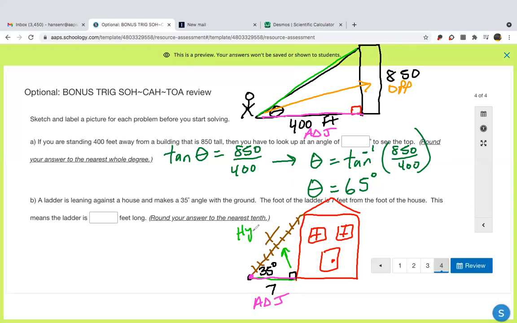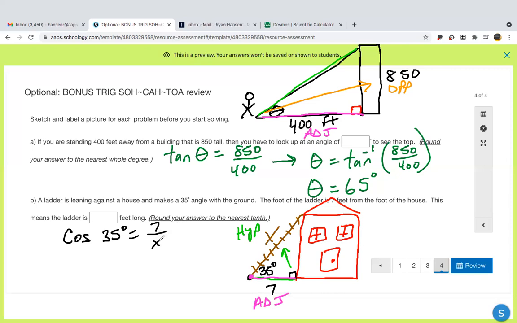So we want the hypotenuse, we know the adjacent. Which function relates adjacent and hypotenuse? Cosine. So we've got cosine of 35 degrees equals the adjacent, which is 7, over the hypotenuse, which is X.